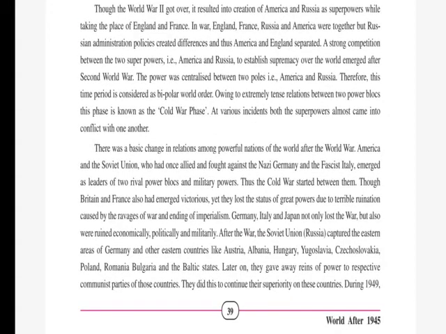Not only this, but there were also some other causes for the Cold War between the USA and USSR. There was also an ideological conflict between the communism advocated by the USSR and capitalism practiced by the Western democracies.